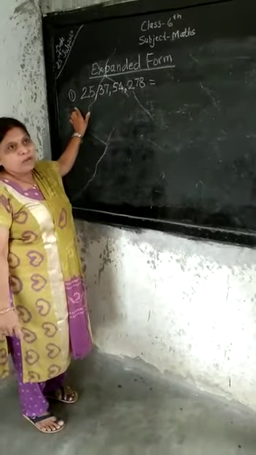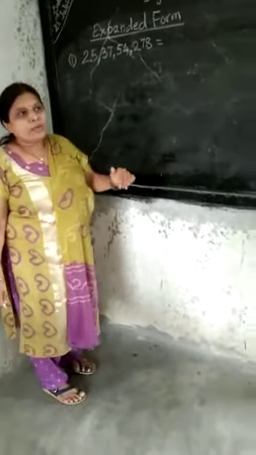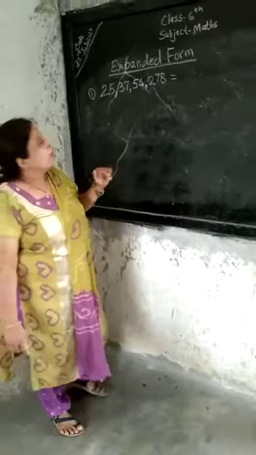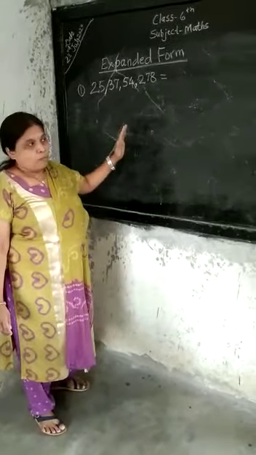This is the number. We have to write this number in the expanded form. The expanded form is written using the place values.